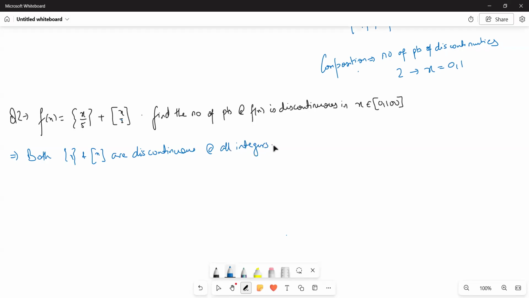At all integers, which means, for a general scenario, this would imply that it would be discontinuous whenever the entity inside becomes an integer.